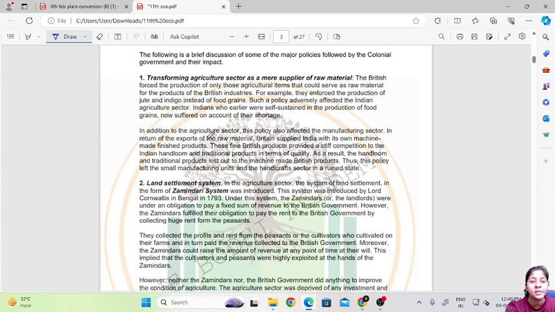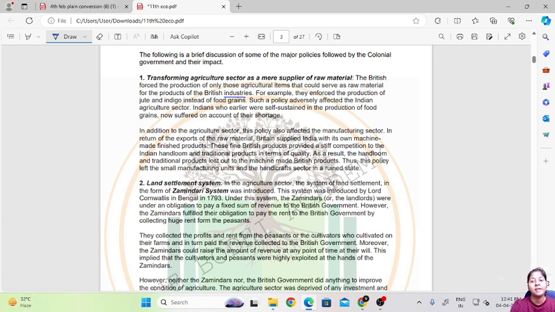Here we'll have a brief discussion about some major policies followed by the colonial government and their impact. The first thing is transforming the agriculture sector as a mere supplier of raw material. The British forced the production of only those agricultural items that could serve as raw material for the products of British industries. Whatever the British industries wanted, only those materials the Indian sector was going to supply for them.